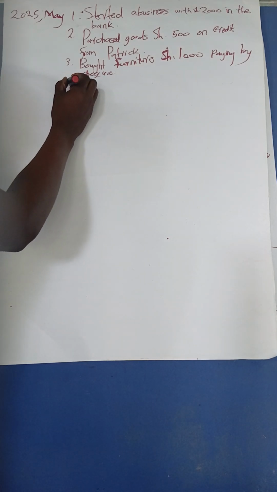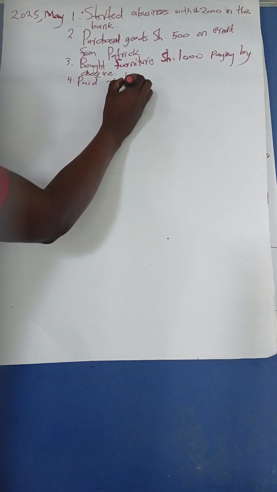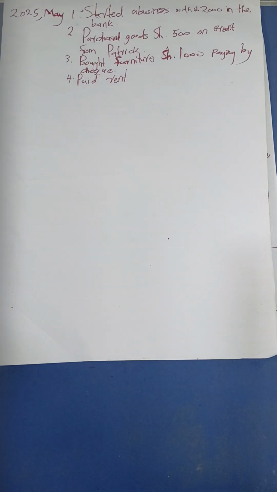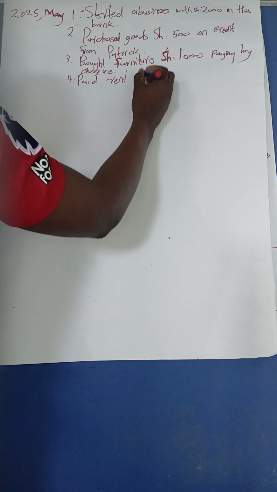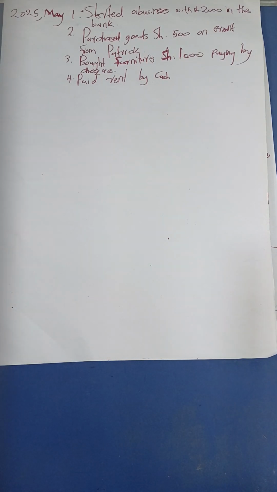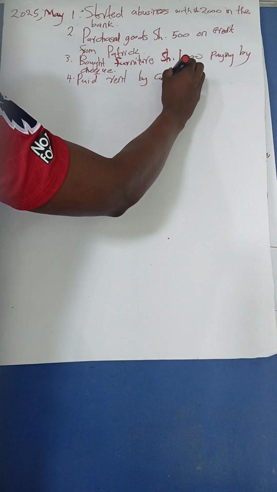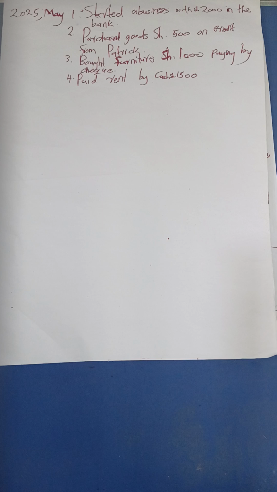Paid rent on 4th. We paid rent by cash, 1,500 Kenya shillings. Good. Then another one: the proprietor took cash for himself.